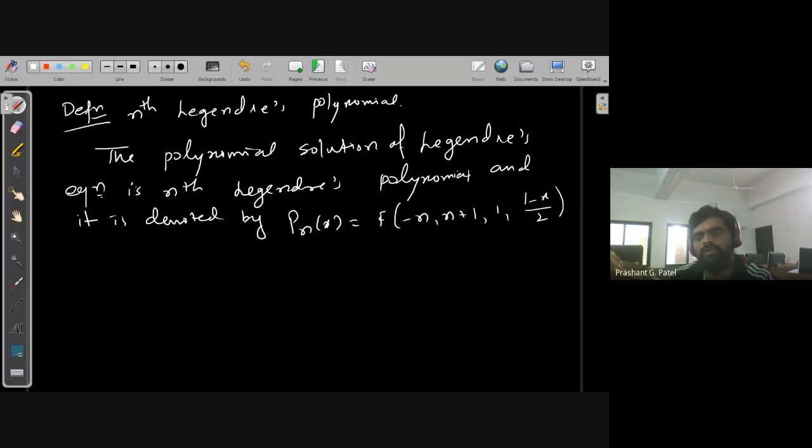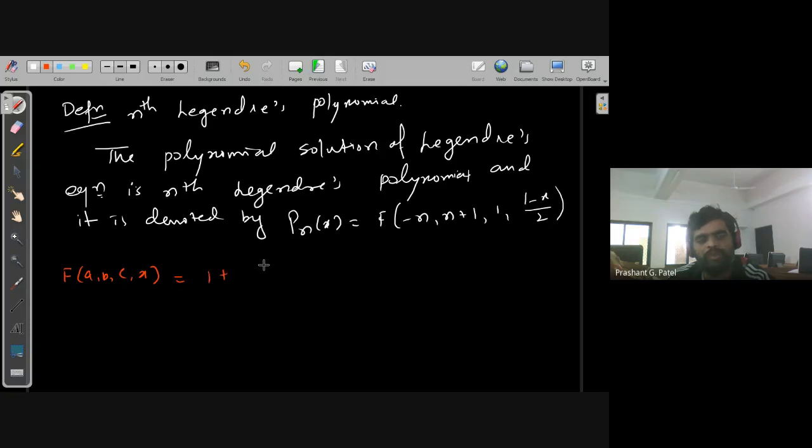So if you expand this by hypergeometric series expansion, as we know, let us write down what F of a, b, c, x will represent.